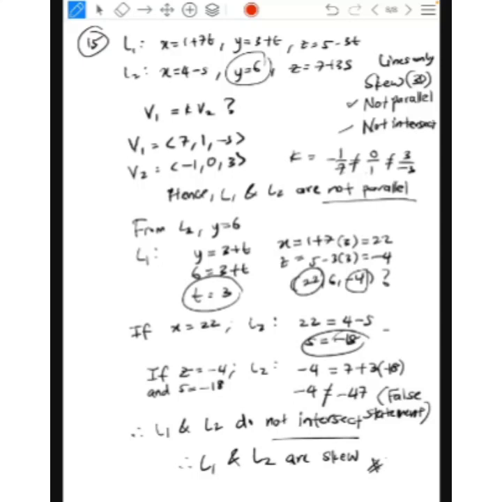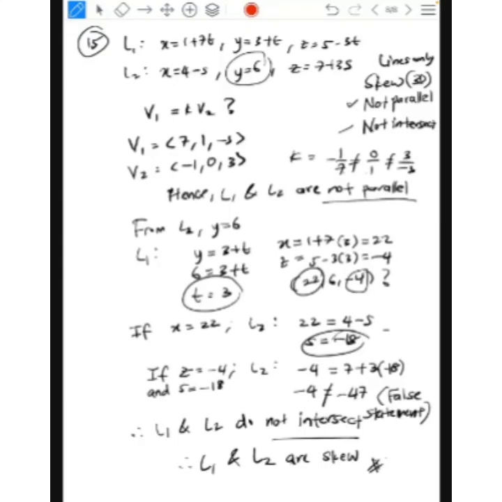The question asks to determine whether the lines L1 and L2 are parallel. We have determined it's not parallel, then whether it intersects. We have determined it does not intersect, so it is skew between these two lines. Do you have any questions for this skew?